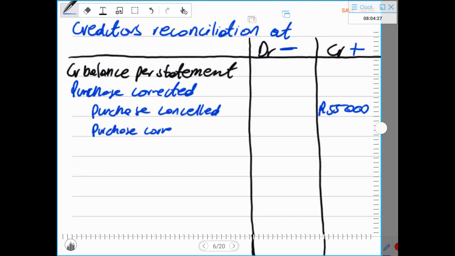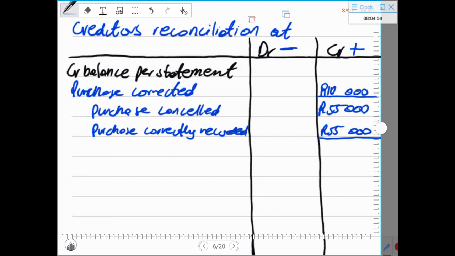Purchase correctly recorded. Now in this case, we are recording the correct amount of the purchase, and the correct amount of the purchase is 55,000 rands, and the right side is the credit side. So the total amount that will be recorded is 110,000 rands.